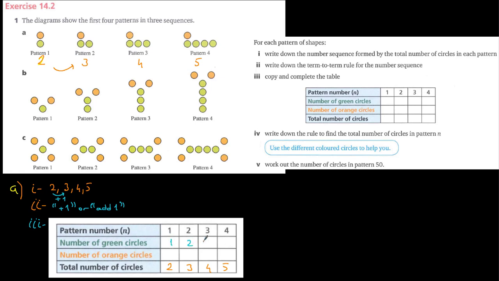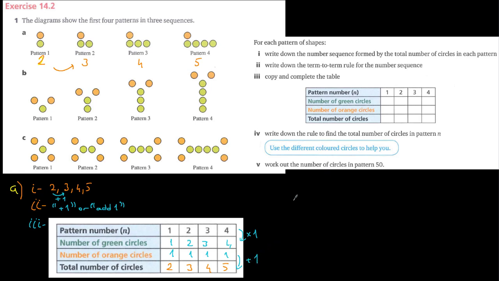And the number of orange circles is constant. It is equal to 1, 1, 1, and 1. So from this one to this one, when you pass, you're multiplying only by 1, and from this one to this one, you are adding 1 to the sequence.